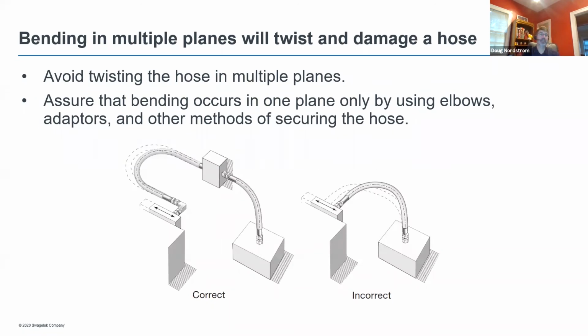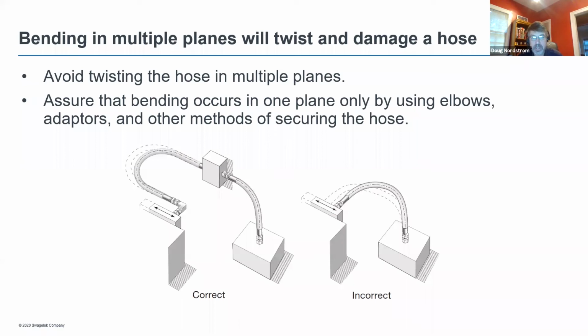And then lastly, the death of a hose, a fast death to any hose is twisting it. The core tube material, whether it's metal or Teflon, doesn't withstand twisting really at all. And the most common twist that we see in any hose application is what we call bending in two planes.